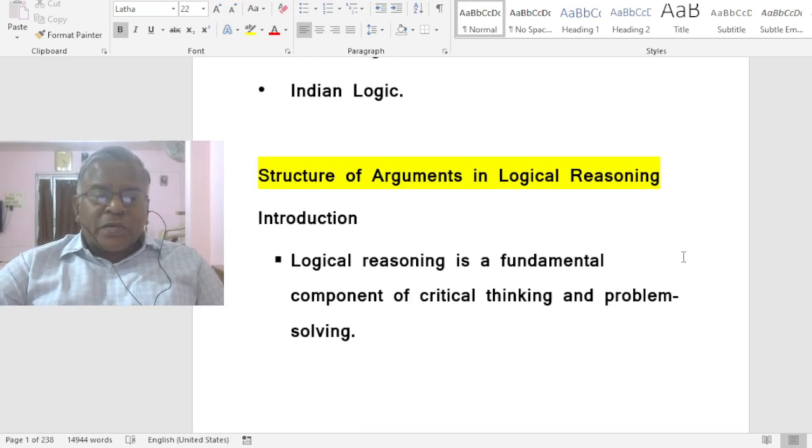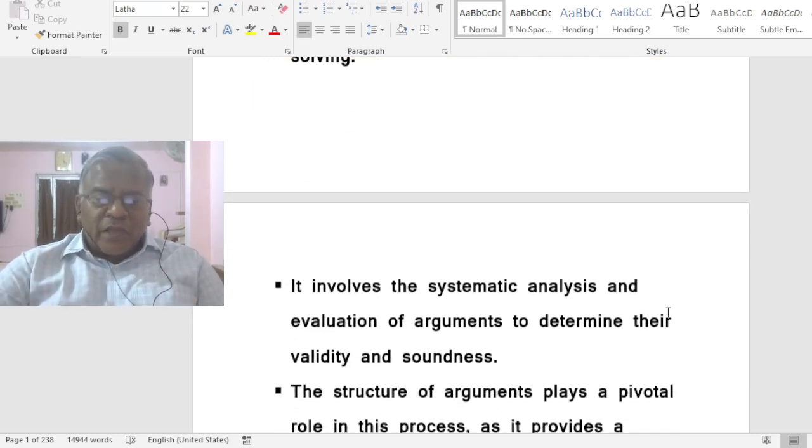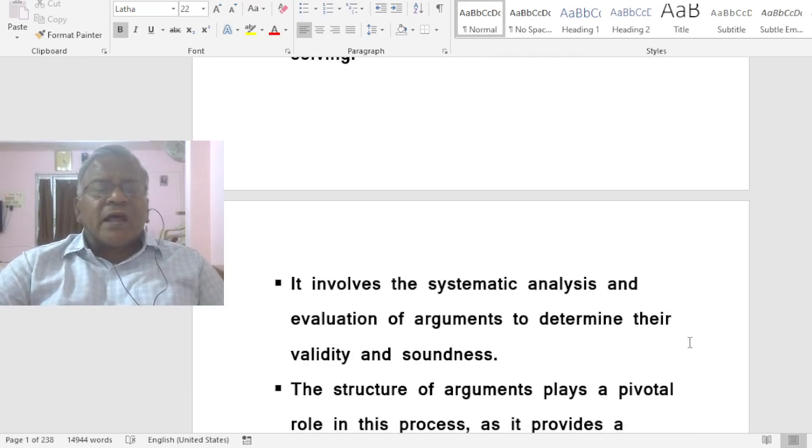Structure of arguments in logical reasoning. Logical reasoning is a fundamental component of critical thinking and problem solving. It involves the systematic analysis and evaluation of arguments to determine their validity and soundness.